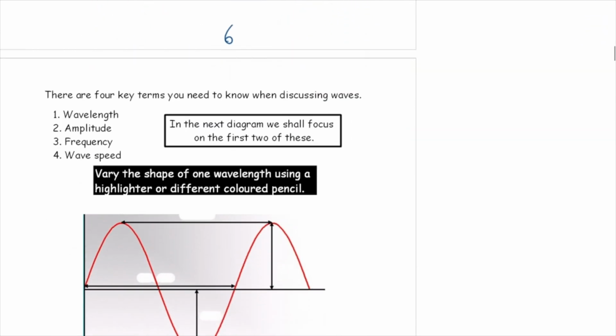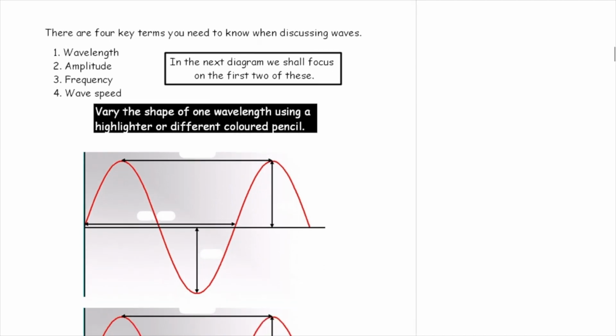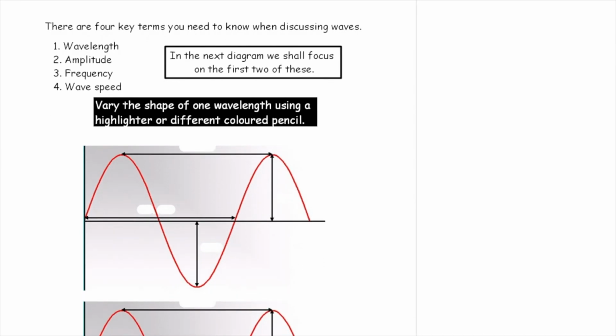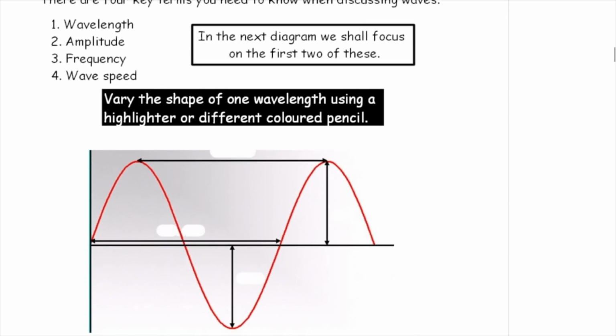So if you move on now please to page 7, and we're going to learn more about these 4 key terms: wavelength, amplitude, frequency and wave speed. We've covered the first 3 already, we haven't covered the 4th, wave speed. It says in the next diagram we shall focus on the first 2 of these, that's wavelength and amplitude.